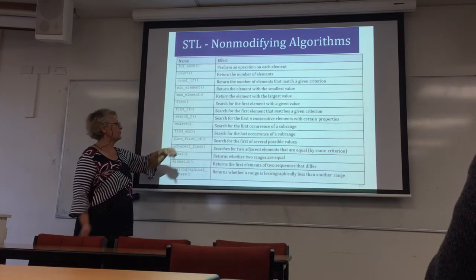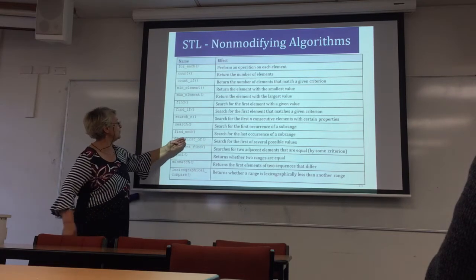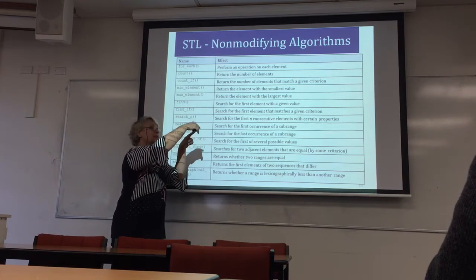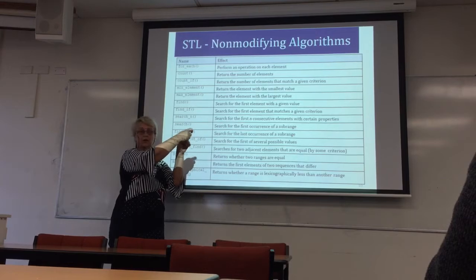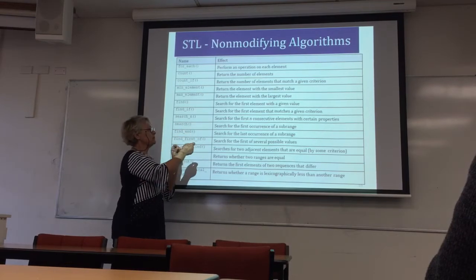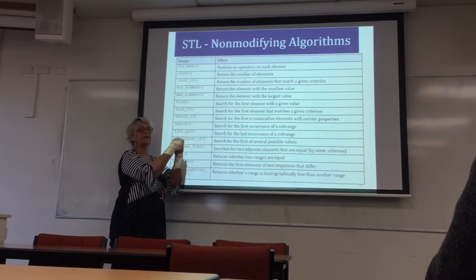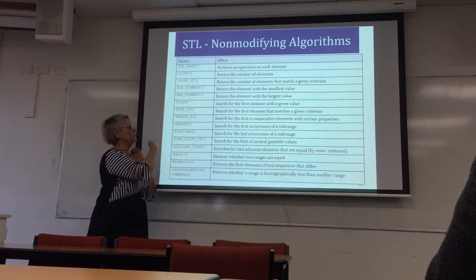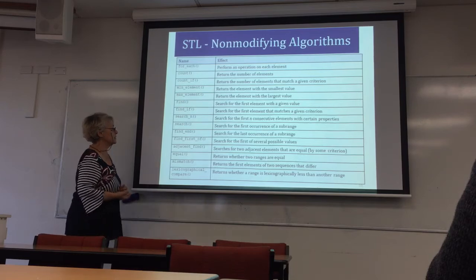For the first of several possible values, find first of, and you provide here the range to look in, and a set of elements. And the algorithm looks for the first element in the set which is encountered, and it returns its location.